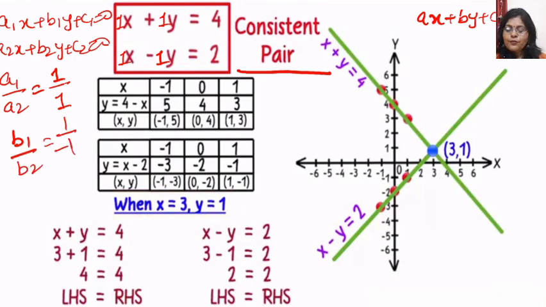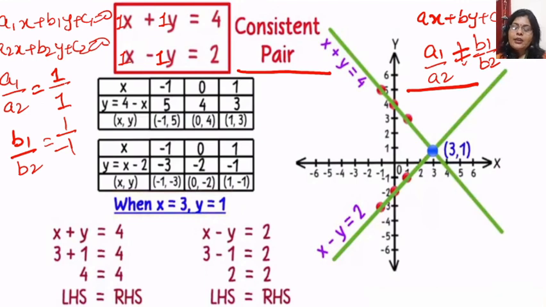So what do we see from this? That a1 upon a2 is not equal to b1 upon b2. This is also one general concept: when the condition a1 upon a2 is not equal to b1 upon b2 holds, then the lines will have one solution, and they are intersecting lines. So I hope you have got this.